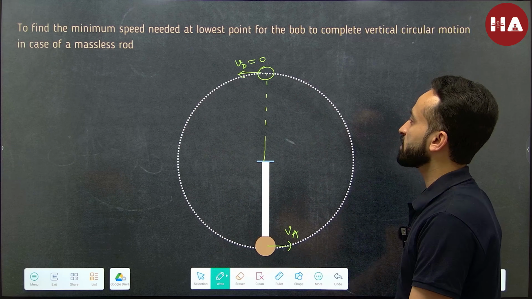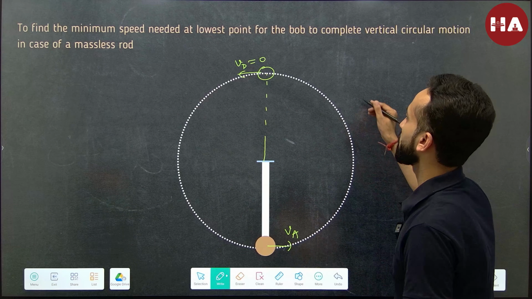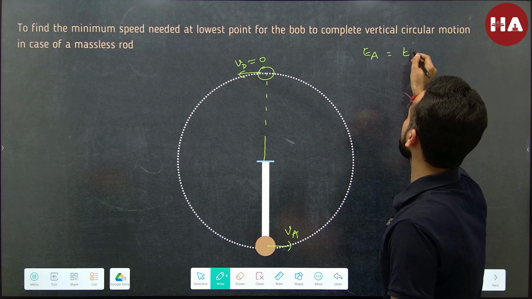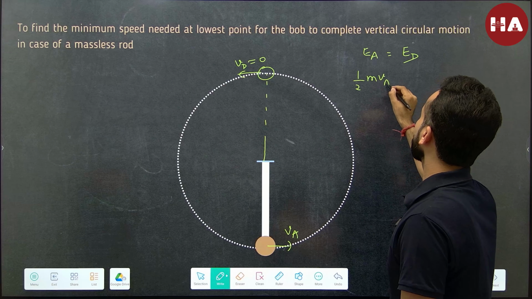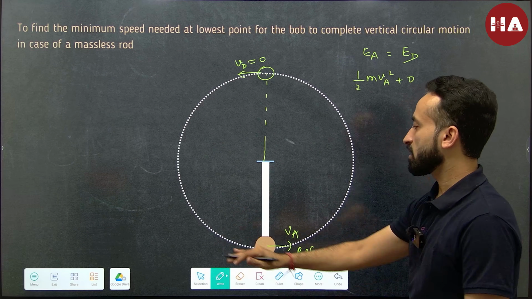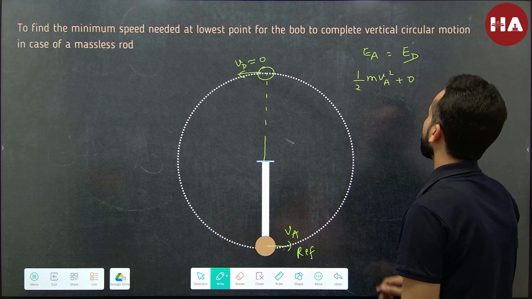So not to worry whether the string is going to slack, because there is no string, now there is a rod, right? So we can straight away write energy at A equals energy at D, and therefore half m VA square plus potential energy, which is 0 because we have taken the reference where the potential energy is 0. We have assumed this as the reference.